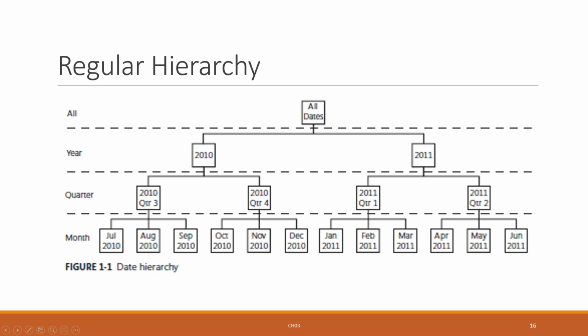Here's another example of a hierarchy. So you have all dates, then you have year, you have quarter, and then you have month. Okay. So what you may do is if you were modeling this, you would have month. If you put this in separate tables, you may have month as the lowest or the one closest to the fact table.